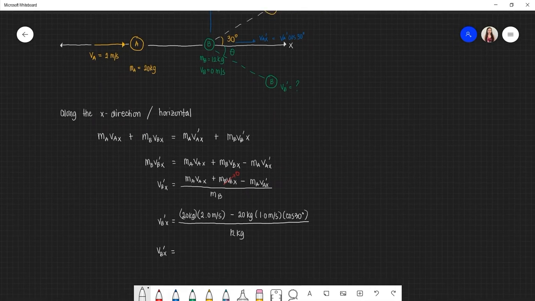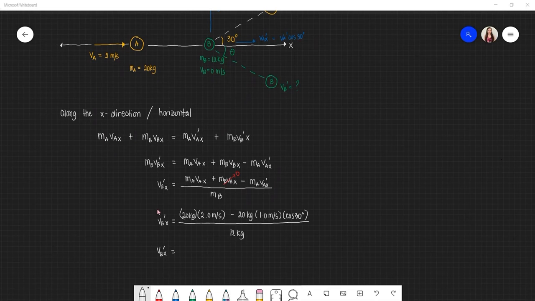So using your calculator, that's 20 times 2 minus 20 cosine of 30 divided by 12.